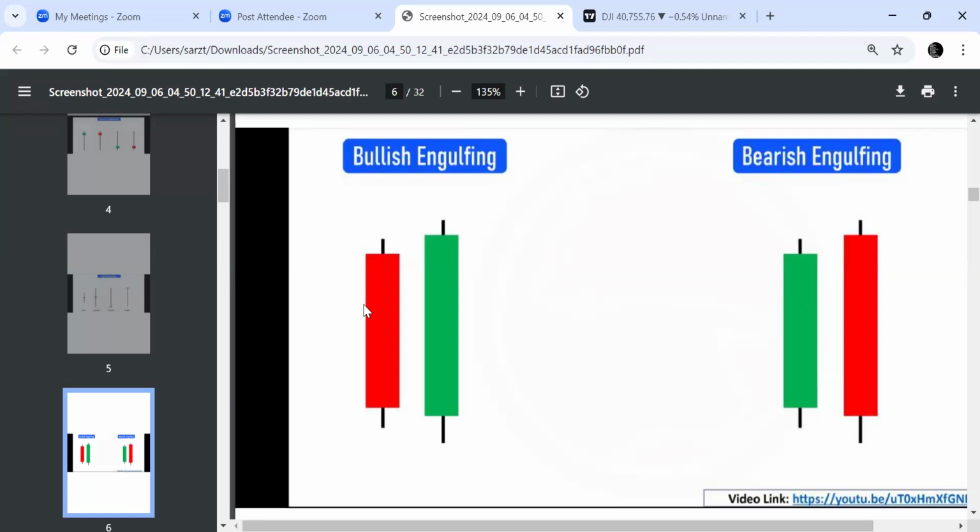Now, the next candle after the red candle opens below the previous candle's close. Here is the open and here is the close. This shows that sellers still have strength at the beginning of this time frame.